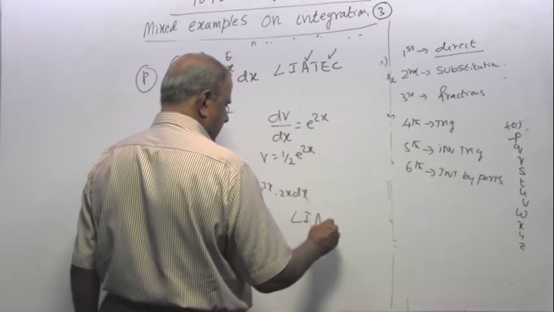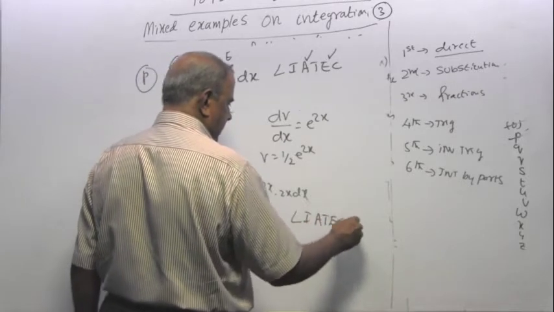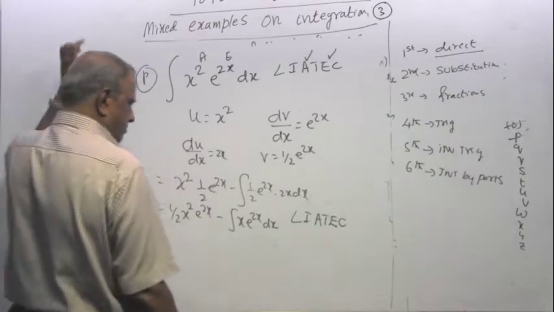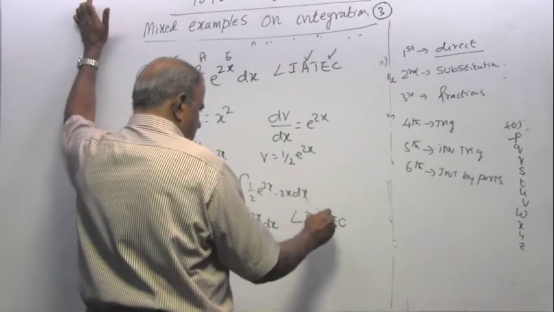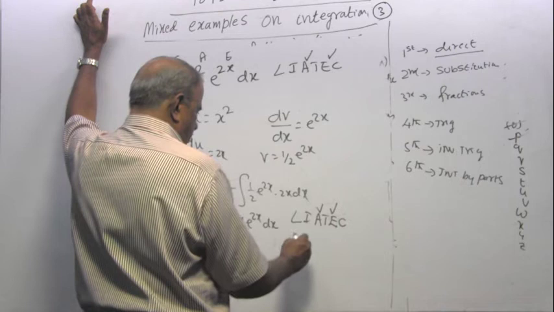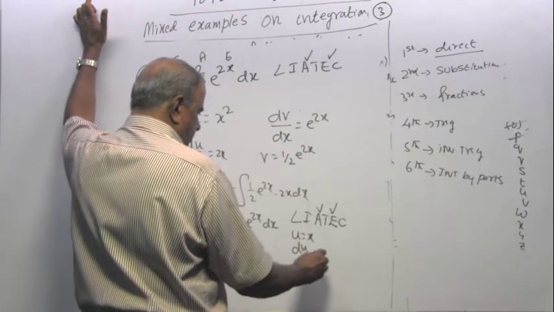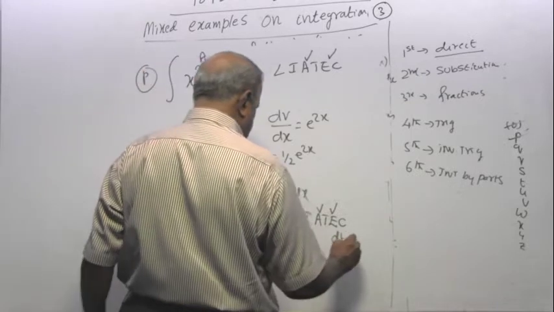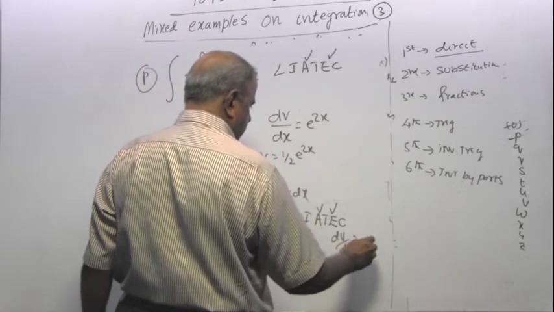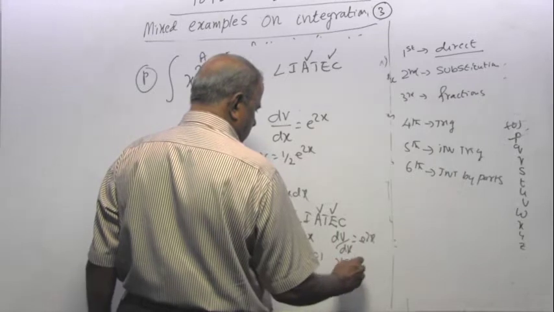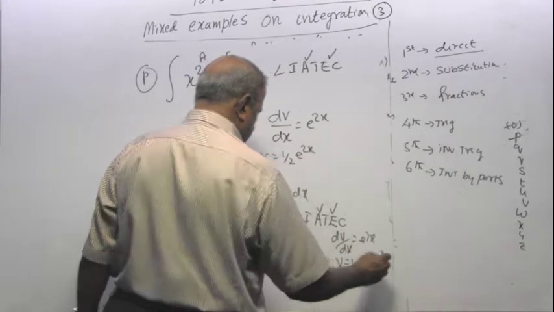L, I, A, T, E, C. Algebraic and that. So u equal to x, du by dx equal to 1, dv by dx equal to e power 2x. So v equal to half e power 2x.